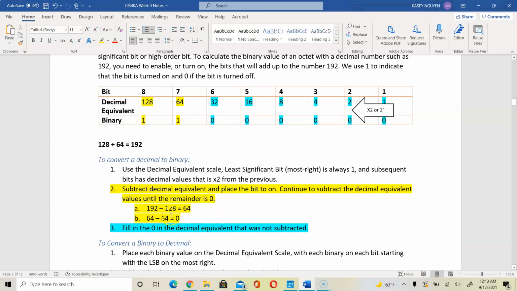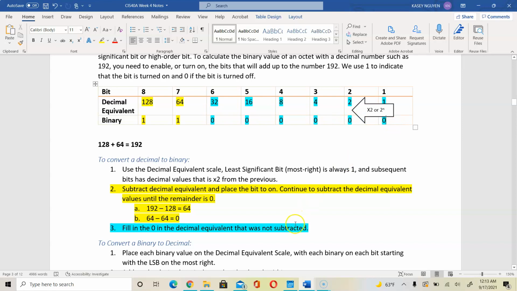To convert 192, we subtract 128 and place that bit on. Then we subtract 64 minus 64, place that bit on, and we are left with 0. The rest we fill in with 0.